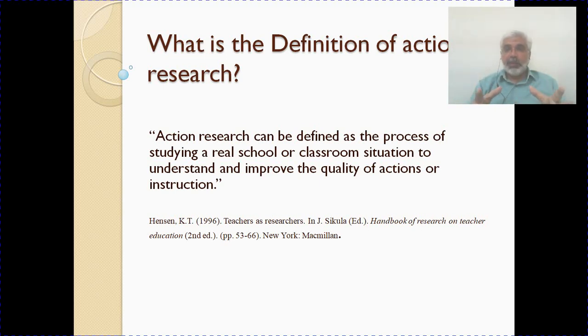So as you see, it is a process consisting of many steps, dealing with real schools or real classroom situation or classroom context. To what? To understand and improve the quality of actions or instructions. So it is a process dealing with a real school or real classroom. The objective of this process is to understand and to improve the quality of actions or instructions.